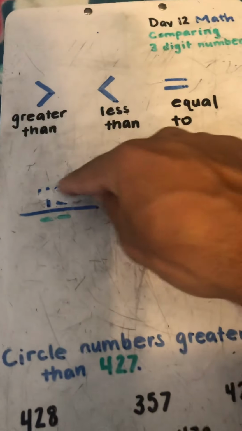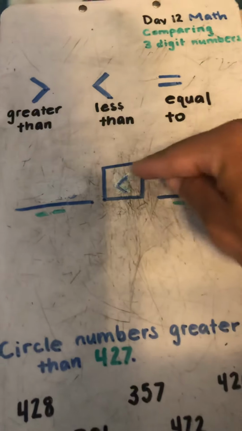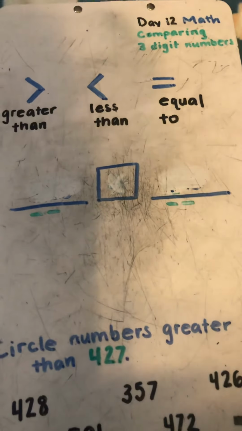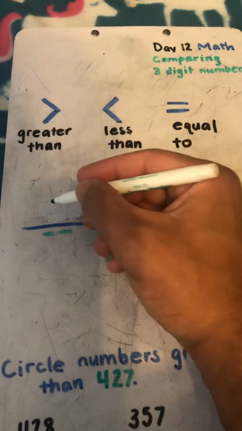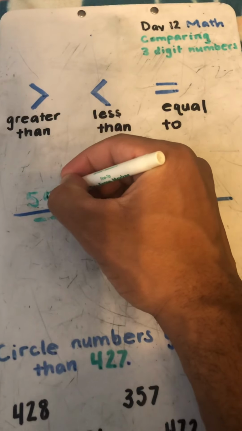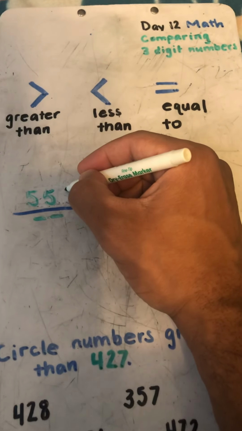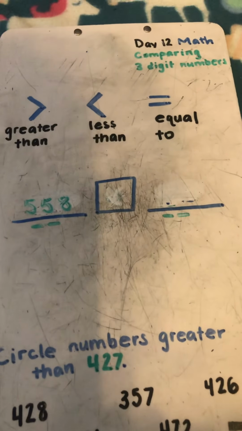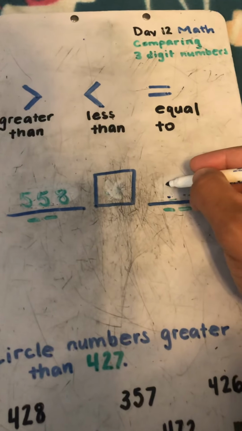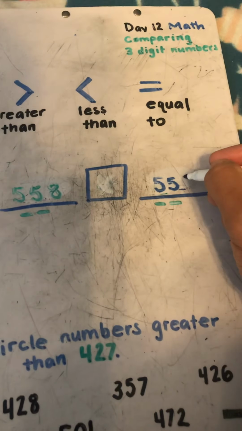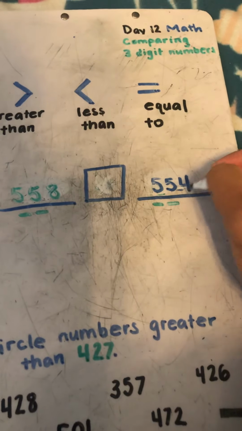Alrighty. And let's take a look at one more if we could. So here I'm going to be starting with numbers 558. And I'm going to compare that to the value 554.